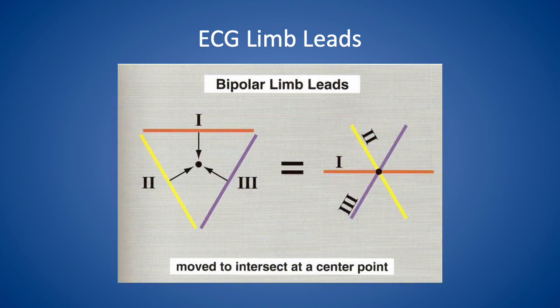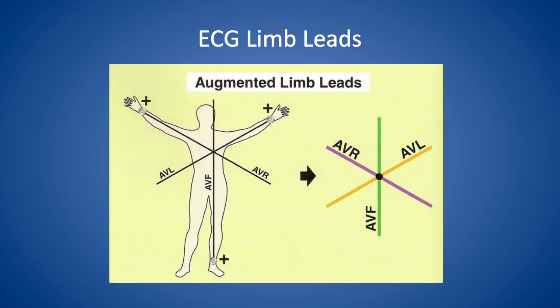And if we moved those to intersect at a certain point, you can create a 360-degree directionality of each of these positive electrodes moving in 1, 2, and 3. Now, additionally, if each of these limb leads, the right, left, and foot, are measured individually while grounding the other 2, we can see that there are 3 more additional augmented leads.